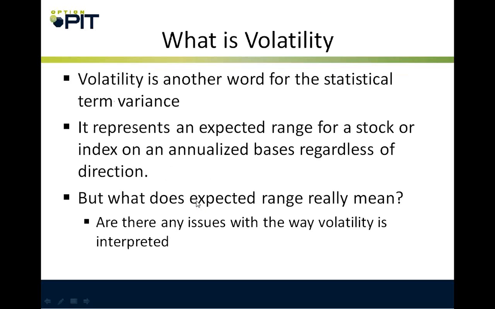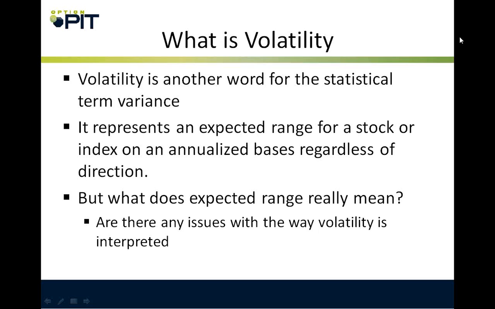What is volatility? Volatility is another word for the term variance. All you college statisticians have probably heard variance. Volatility is just a cool word for variance. It represents a quote-unquote expected range for a stock or index on an annualized basis, regardless of direction. Now, when I say expected range, what I mean is it will be up to this point; it's probably not going to move more than this amount.